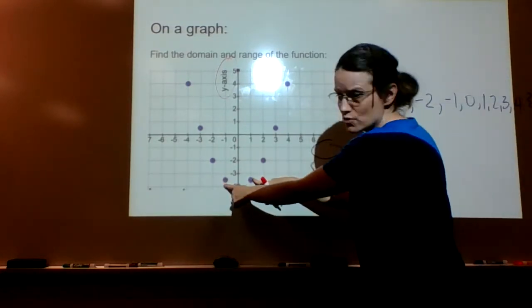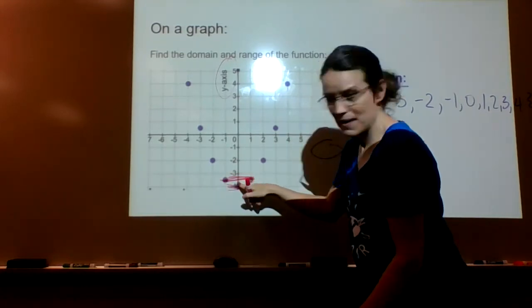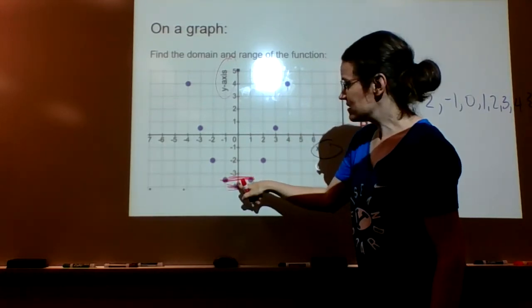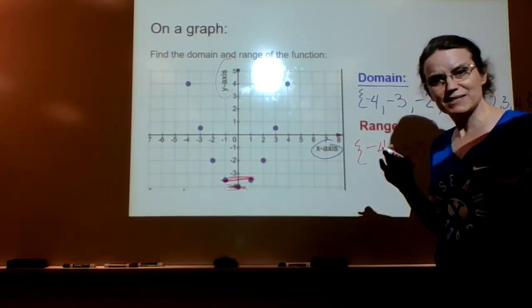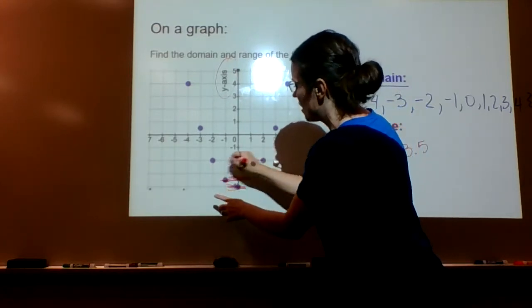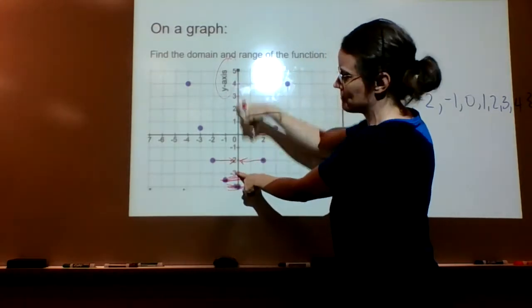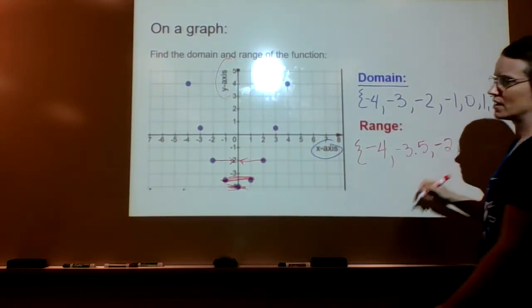And so there's two of them here at this height, at about -3.5, but you only have to write it once in your range. See, you get to be a little bit lazy. Here, I've got these two dots are both at -2 on my y-axis. So I'm going to put my -2.